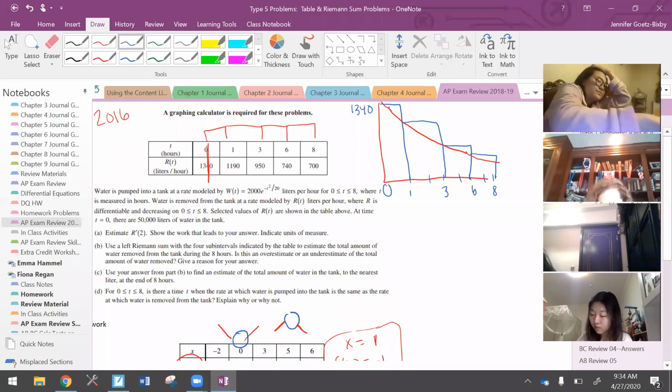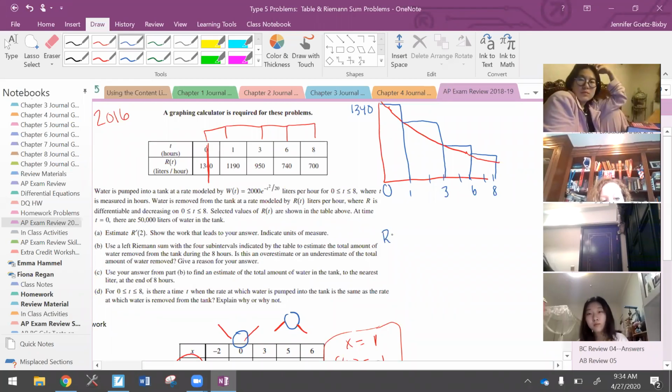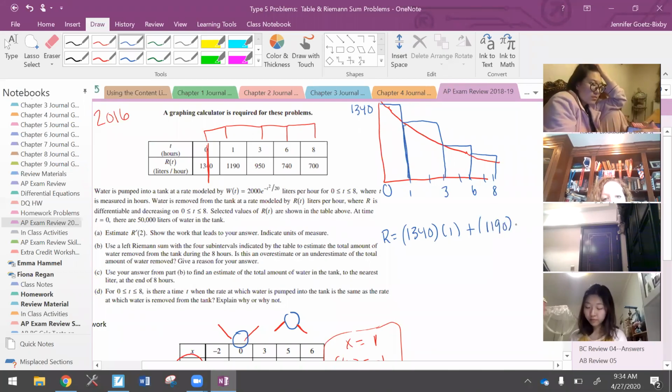So my answer will be the height of each interval times its width. For the first one, it'll be 1340 times the width of that interval, which is 1. For the second one, I'm going to take the height from the left side, so that's 1190, but now the width of my interval is 2.